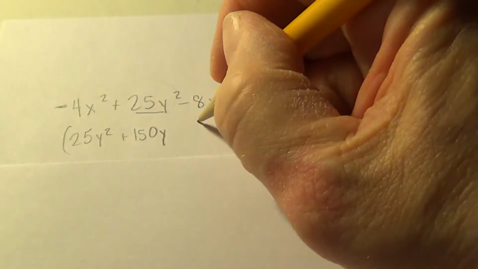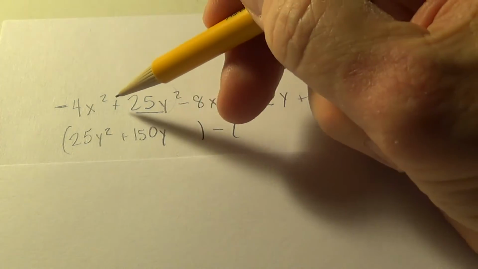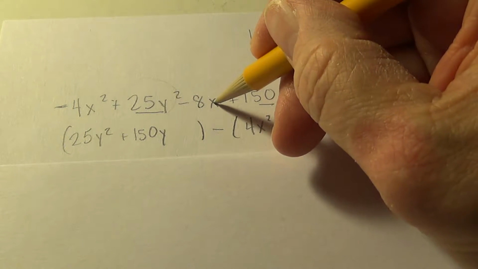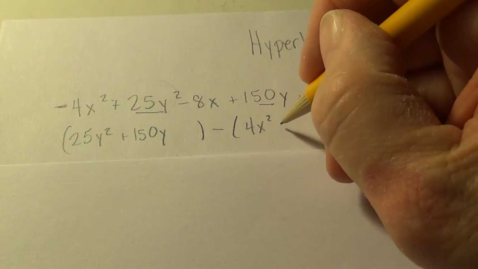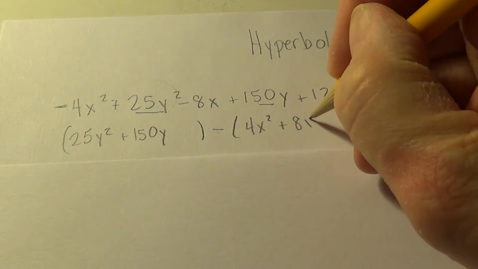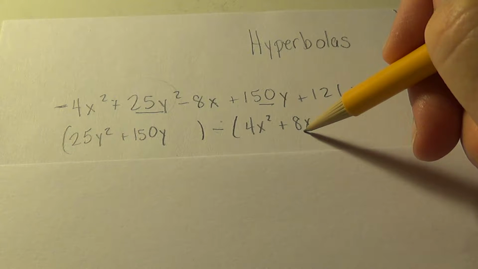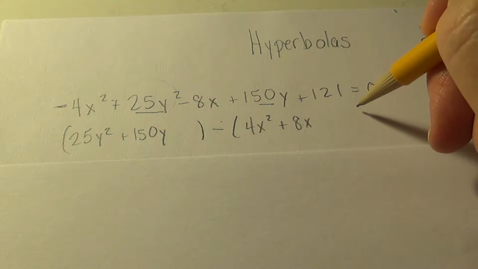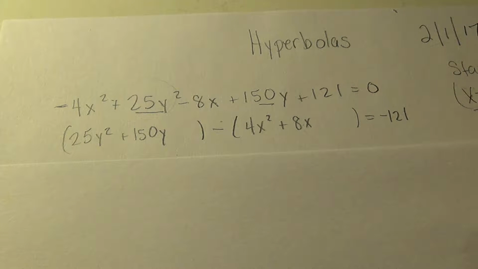So I'll gather those, and then my negative ones. 4x squared. And this says negative 8x, but since I already pulled the negative out, I have to call it positive 8x, because that negative will include it. And leave a space, move the number to the other side.